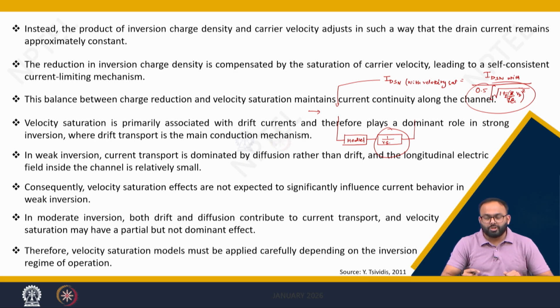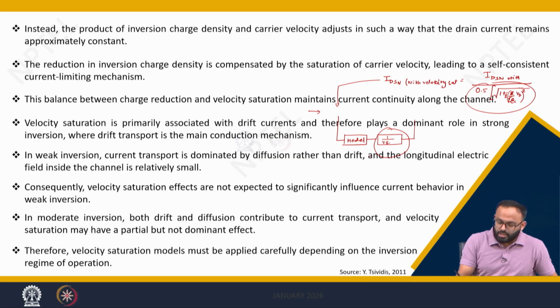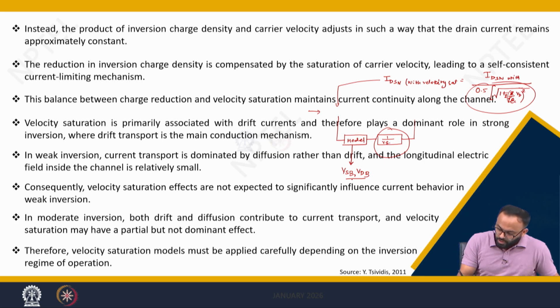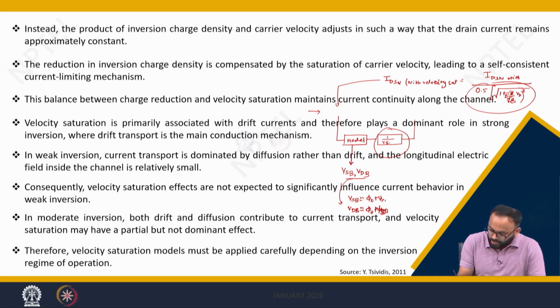So, what is the approach? The approach to make a concrete model is, instead of modeling with respect to terminal voltages like VSB, VDB, we should model in terms of surface potential. This will give you a solution: if the model works in strong inversion, then the terminal voltage is exactly equal to surface potential, which is phi naught plus psi S0, and VDB is phi naught plus VDB, or psi SL.